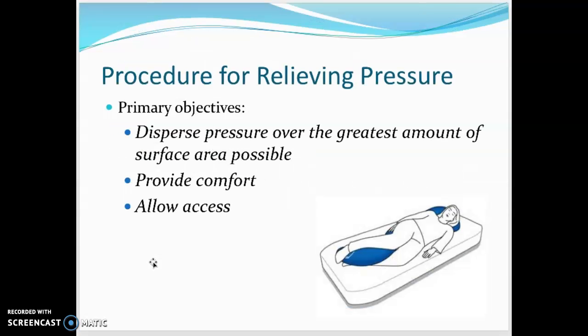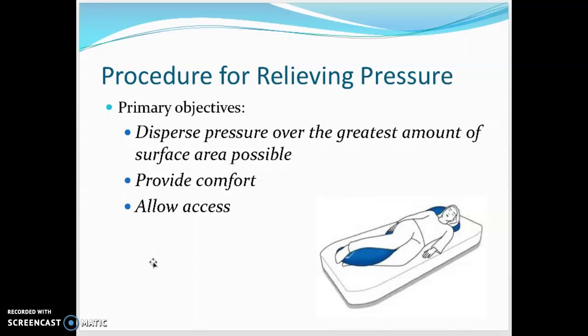So in general, the idea for relieving pressure is we're trying to disperse pressure. So when you think about an elbow laying on the bed, if the point of the olecranon is pushing into the mattress, that's going to put a lot of pressure on that specific skin right over the olecranon process.